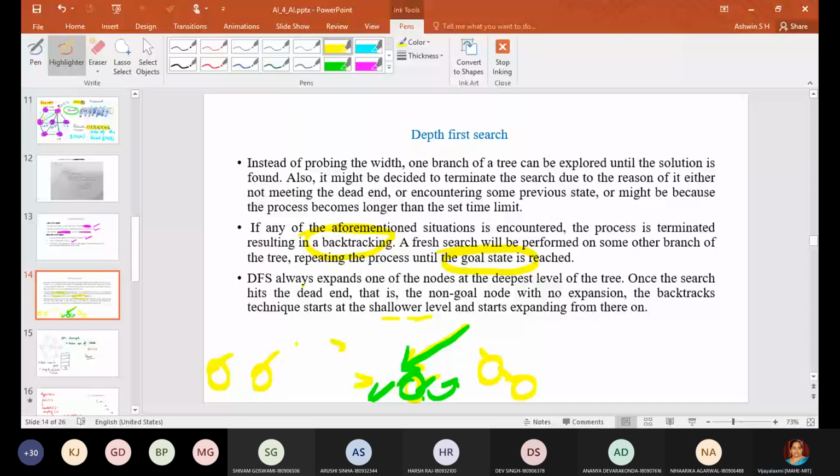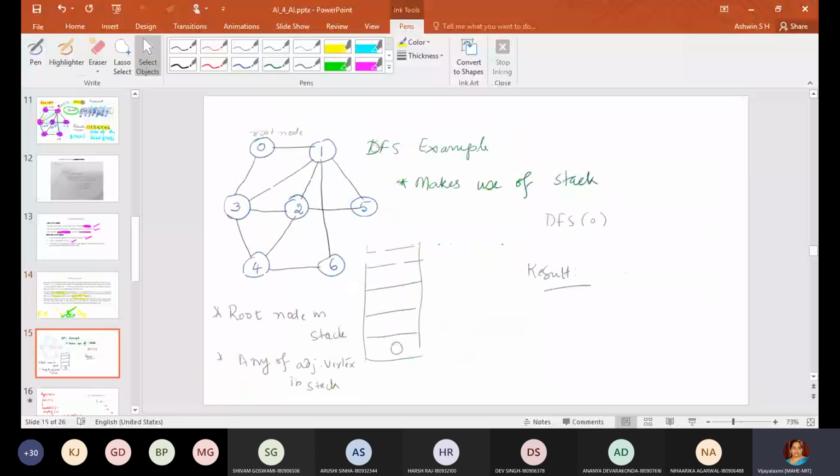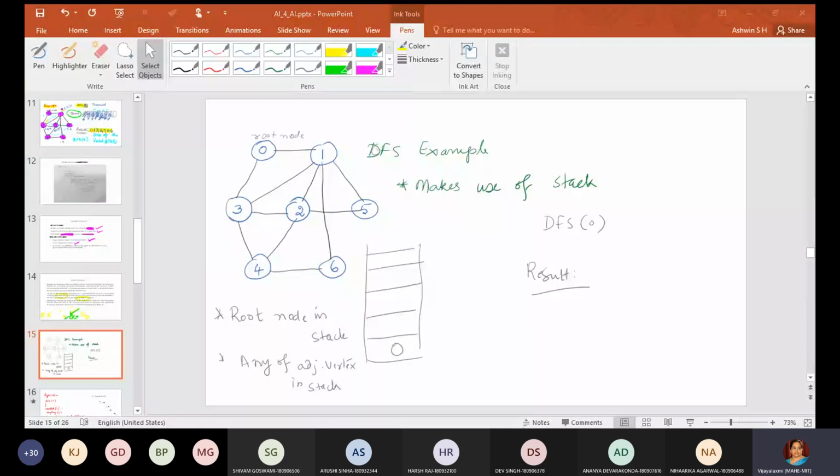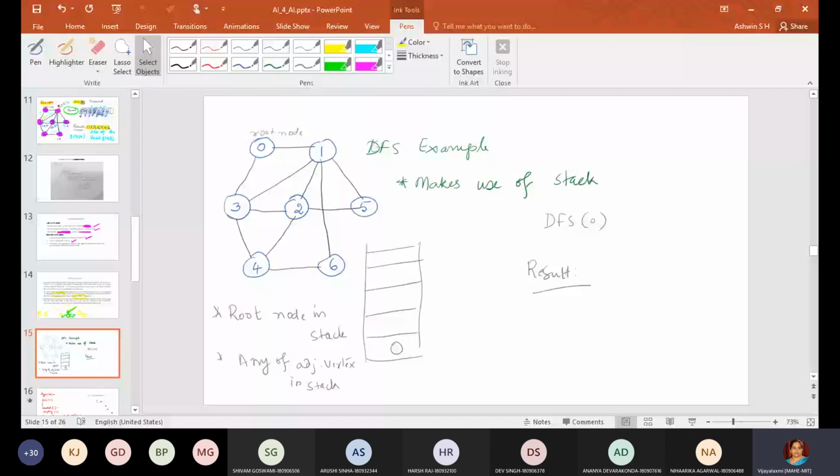So I'll take an example. All of you can take down this example. Same graph I'm considering.